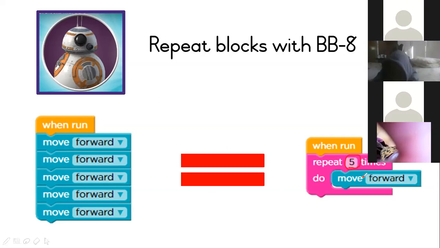So we want the same thing to happen 5 times. Okay. Sometimes you can put 2 different blocks in a repeat block, sometimes only 1. So if we want to move forward 5 times, we can put it in a repeat block.